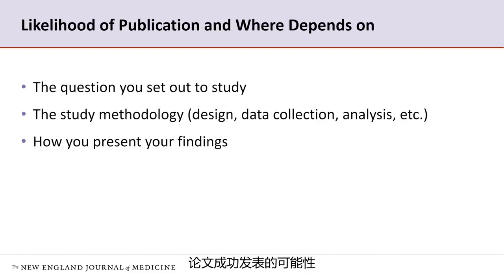The likelihood that your paper will be published and where and how quickly depends on the question you set out to study, your methodology, meaning the study design, method of data accrual and analysis, and how you present your findings. Here are some general pointers.